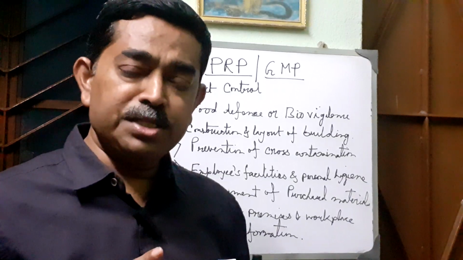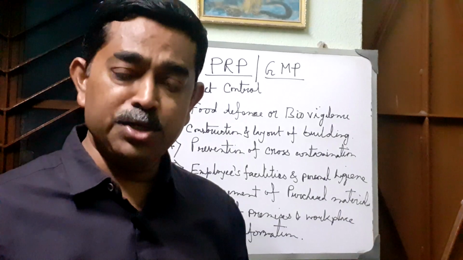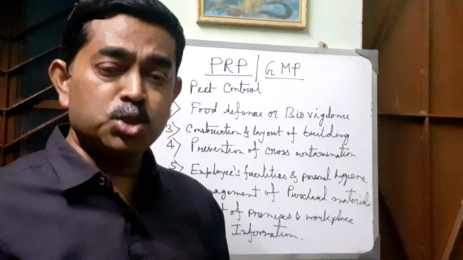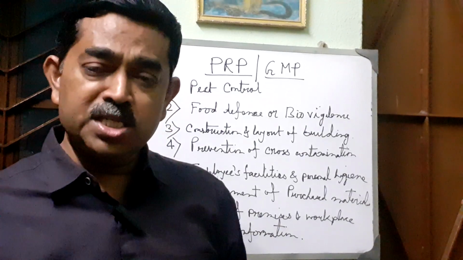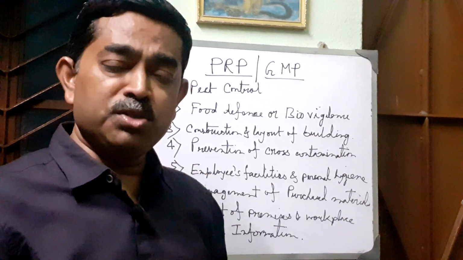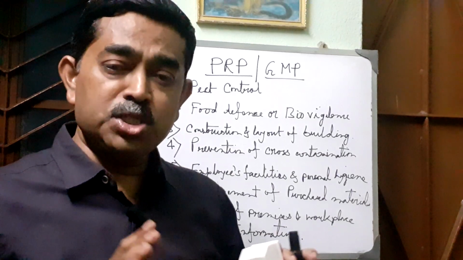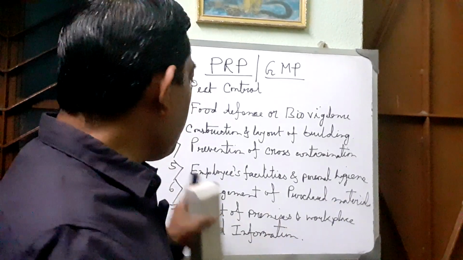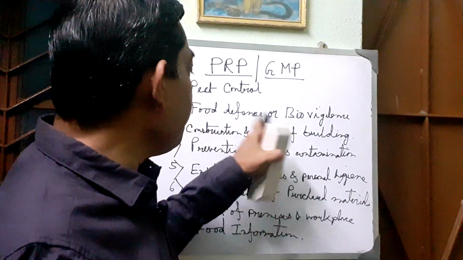There are many chemical and microbiological tests available, and many kits for antibiotic tests, pesticide tests, and aflatoxin tests. We can perform these tests easily with strips. So we have to take care of food defense.